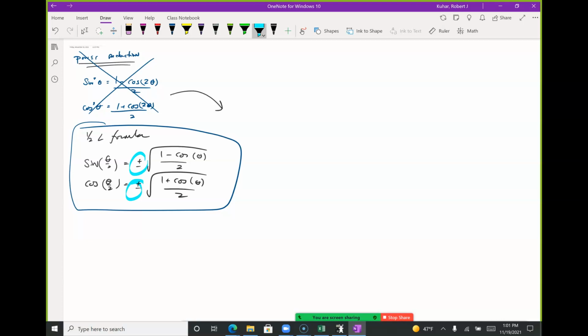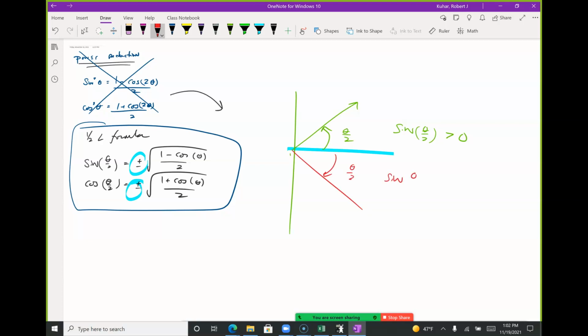And so I have to be thinking, if I know theta over 2 is in quadrant 1, then sine of theta over 2 is positive, right? Yes? If I know theta over 2 is negative, then sine of theta over 2 is negative, right? So based on where theta over 2 is, and which trig I'm using, I'll pick the positive or negative piece for it, right?